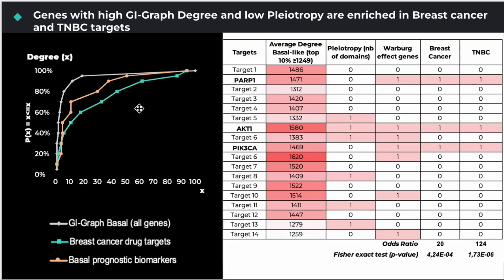We showed that drug targets in breast cancer tend to have high degree. So we select these genes, and then we ended up with a list of 17 targets using this approach.